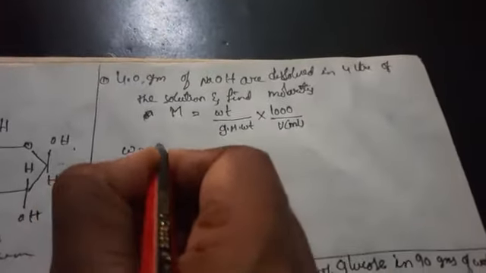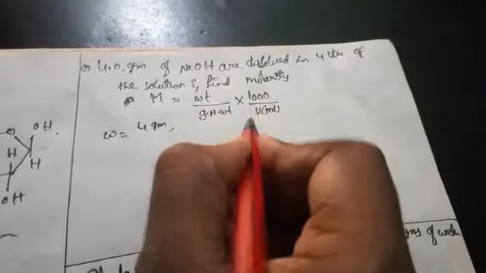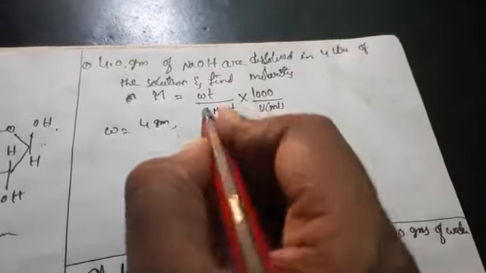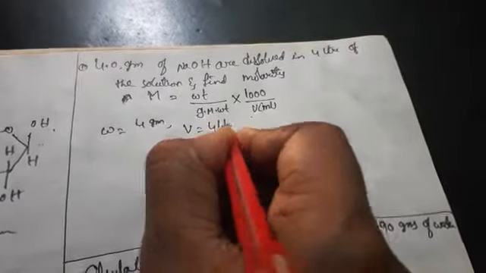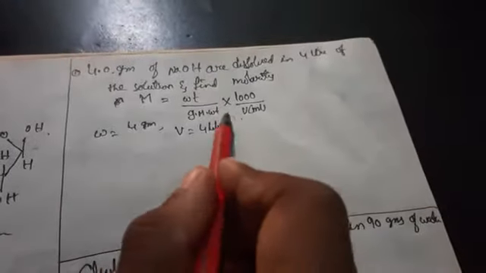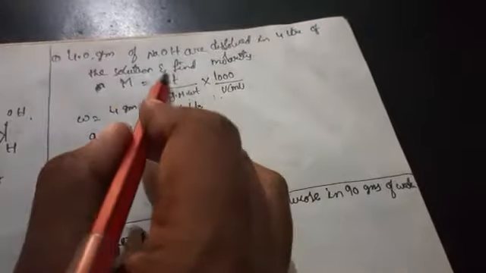Okay, so here what he has given in the question, 4 grams, means weight he has given 4 grams and volume he has given 4 liters. Volume is equals to 4 liters. So now what do we have to find? Gram molecular weight we don't know, so we have to find it.